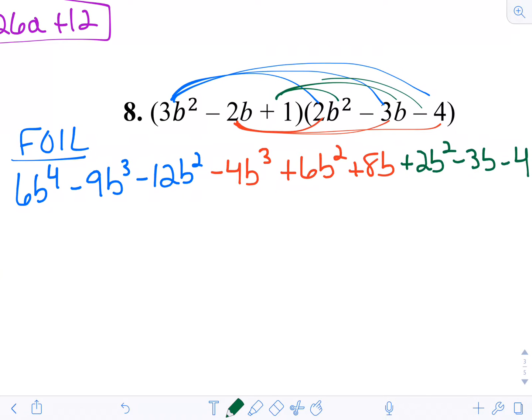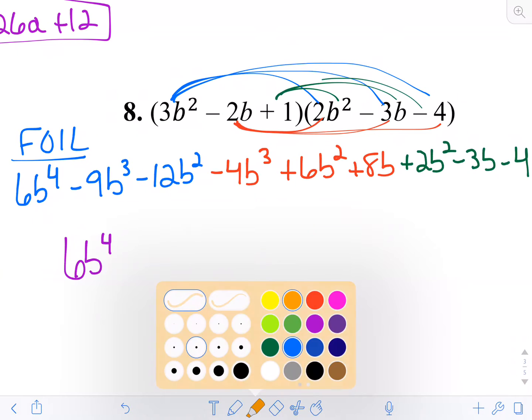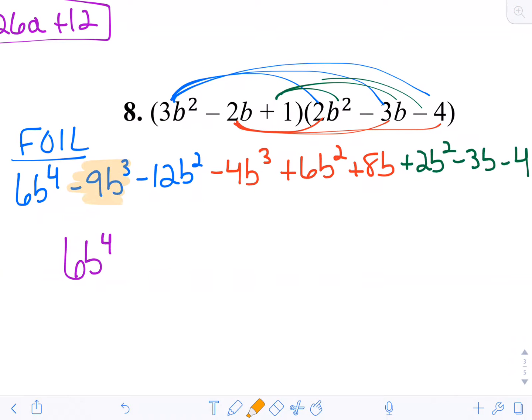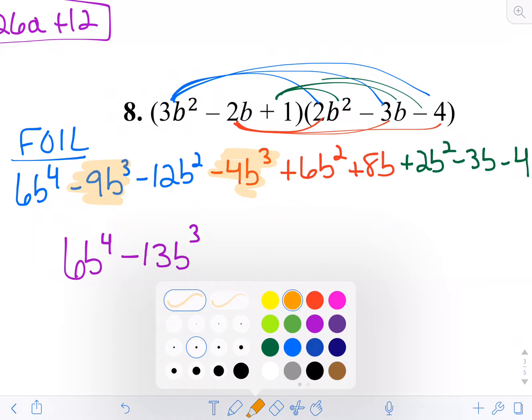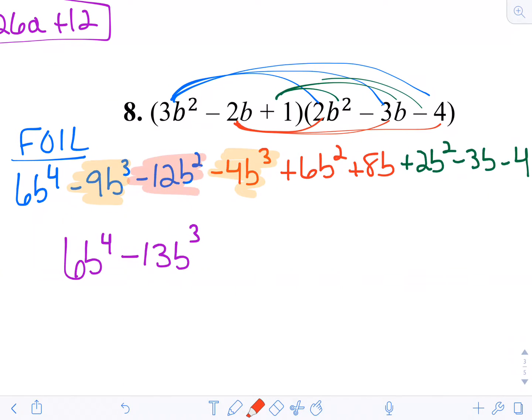And now we're going to combine like terms. So we have a 6b to the 4th, no other b to the 4ths. We have a b cubed here, a b cubed here. So when I combine those, negative 9, negative 4, it's negative 13, b cubed. The next thing that we have are squares, so negative 12b squared, 6b squared, and 2b squared.